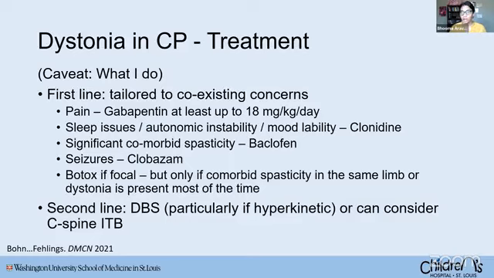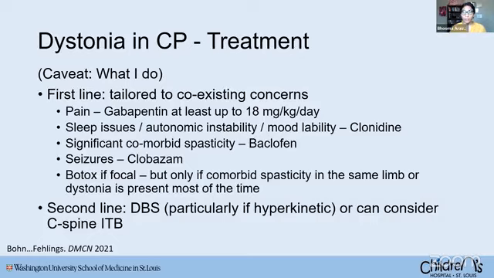But if they have not, then I will try to optimize baclofen first, particularly if spasticity is a significant functionally limiting component for them. For kids with seizures, I will try clobazam. Clobazam is a non-sedating benzodiazepine that we commonly use for treatment of epilepsy. So I will use that to double cover for seizures and for tone.